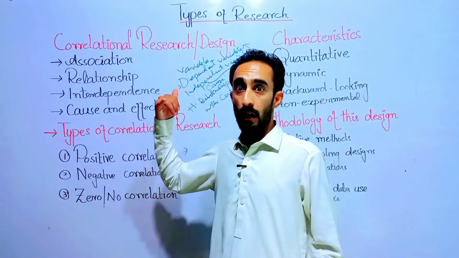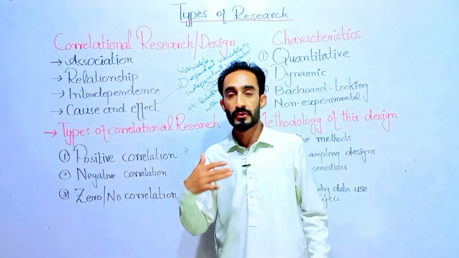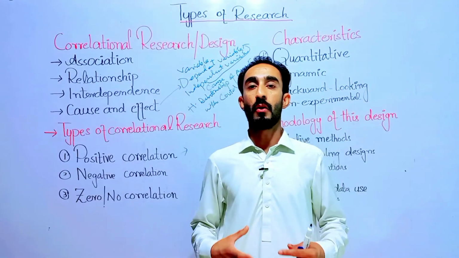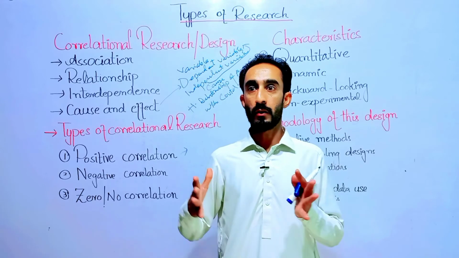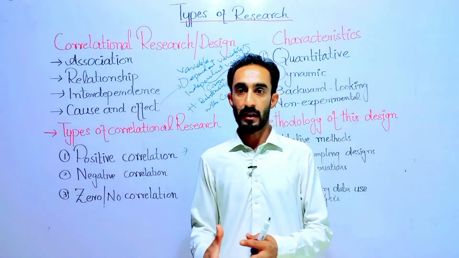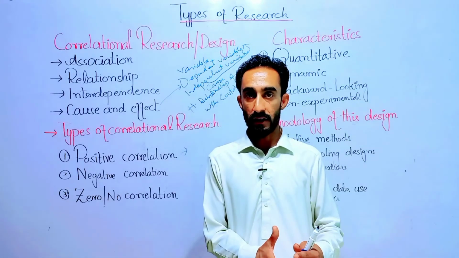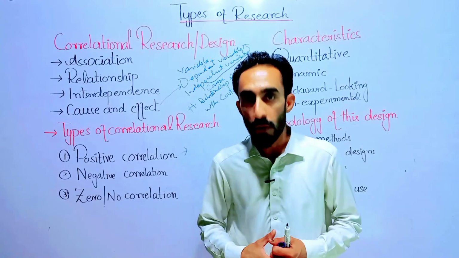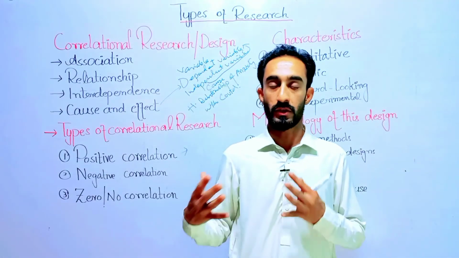This is the research design we are studying on the basis of its objectives. When our objectives are to find out the association or relationship between variables, the cause and effect analysis, then we will go for the correlational research design in social sciences.